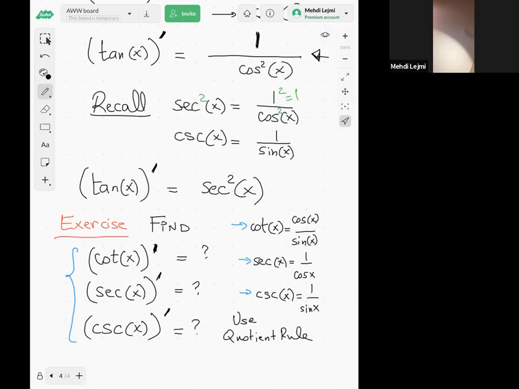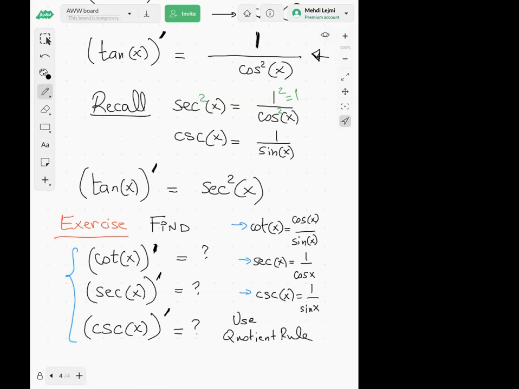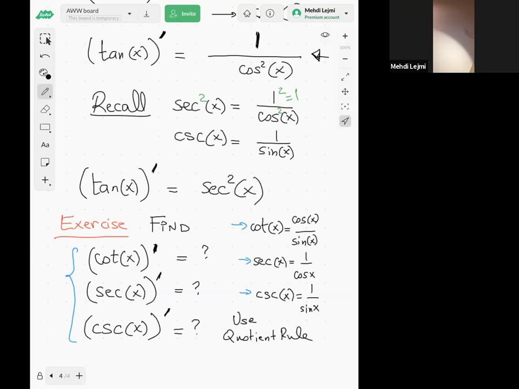So any guess for the derivative of cotangent? The derivative of tangent was 1 over cosine square, right?